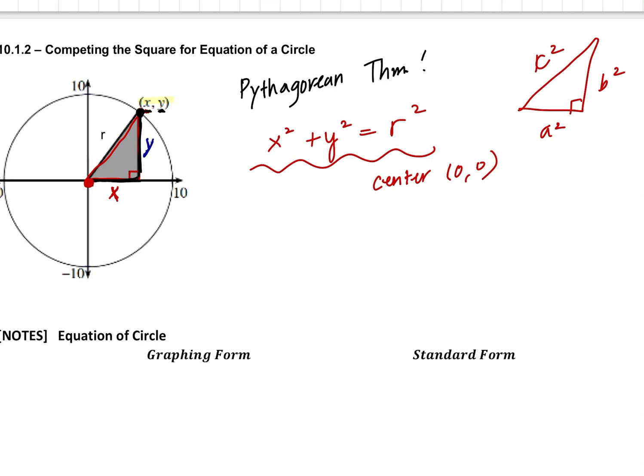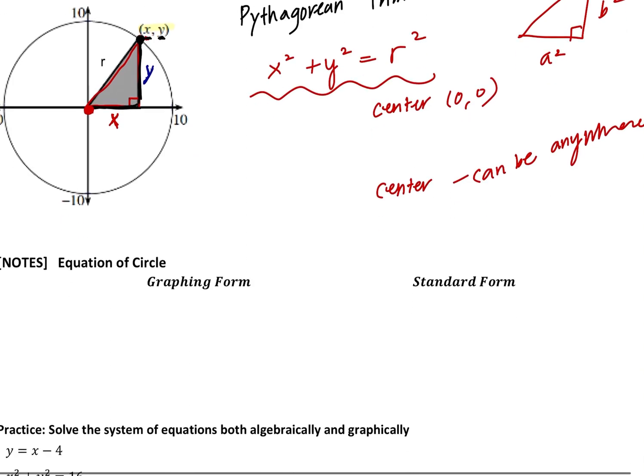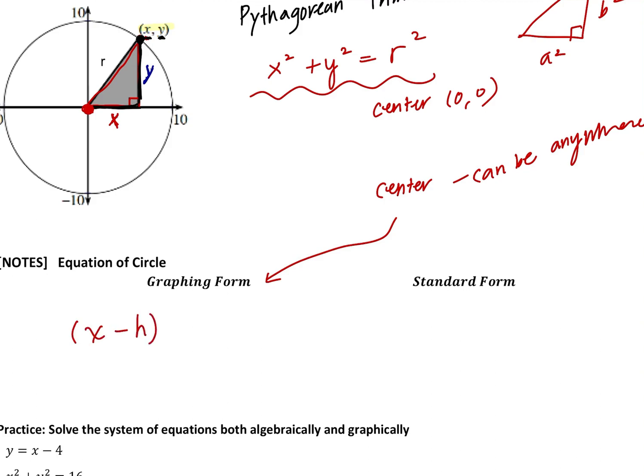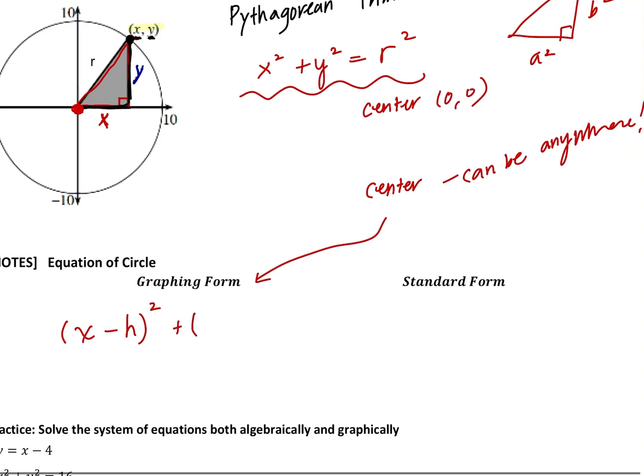But the center of a circle is not always 0, 0. The center of a circle can be anywhere. So what we came up with as a general form of a circle is that, wherever the circle is, you're going to be moving that point right or left. So the general form that we came up with was (x minus h) squared plus (y minus k) squared equals r squared.